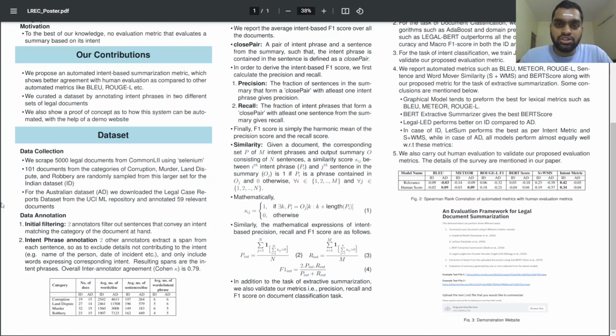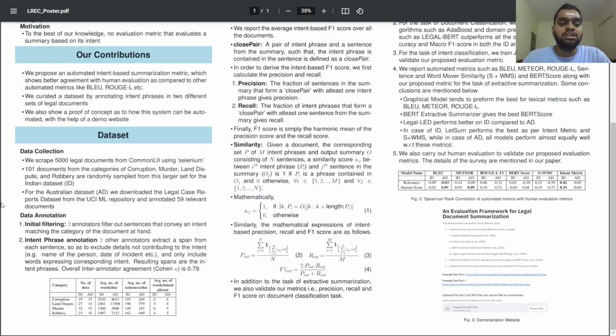In the data annotation part, there are two steps. We did the initial filtering, where two annotators filter out sentences that convey an intent matching the category of the document at hand. For example, if the document is of the category murder, then annotators filter out sentences that convey that this is a sentence which could be related to murder.